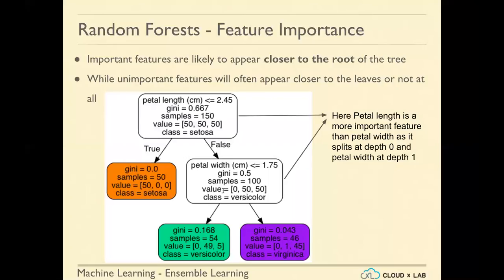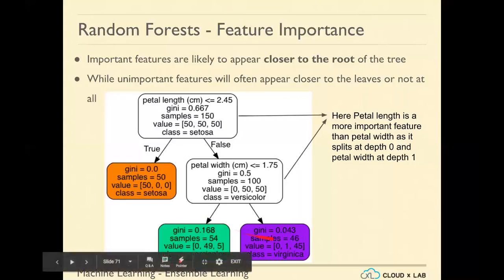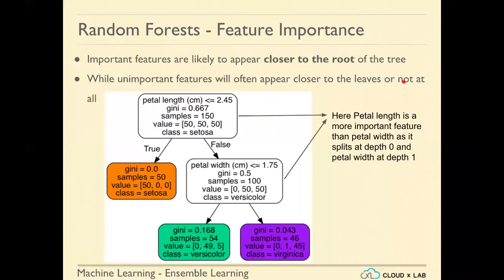In a decision tree or a random forest, the features that appear closer to the root at the top level are generally the more important features. The features towards the bottom are less important. The unimportant features will often appear closer to the leaves, or will not appear at all.